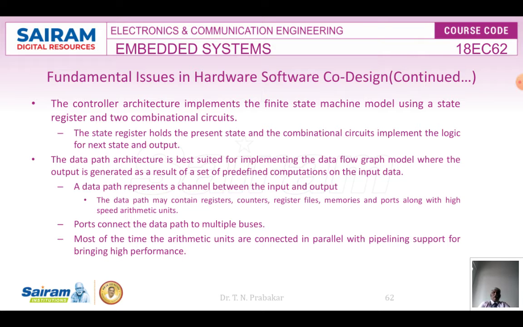So the data is coming inside and that will be processed by these 3 units. Maybe it's a 1 tap filter to 8 tap filter, whatever it is. Suppose 8 tap means you will be having 8 delays, 8 multipliers and 8 accumulators, right? So in those cases the data is getting added and the final result will be given. So this is the basic architecture of a data path architecture.